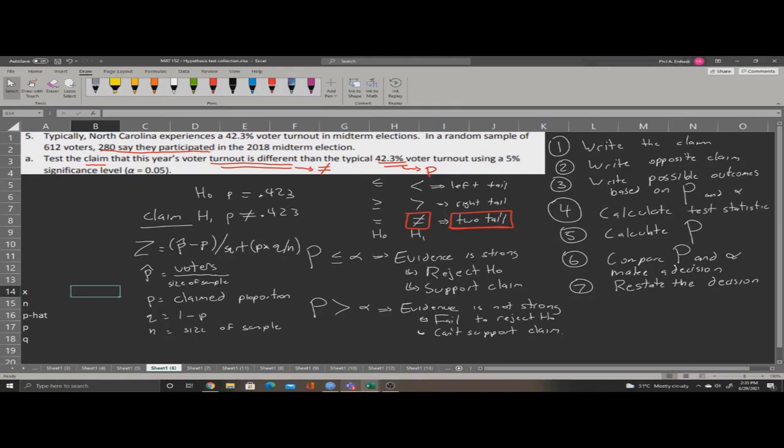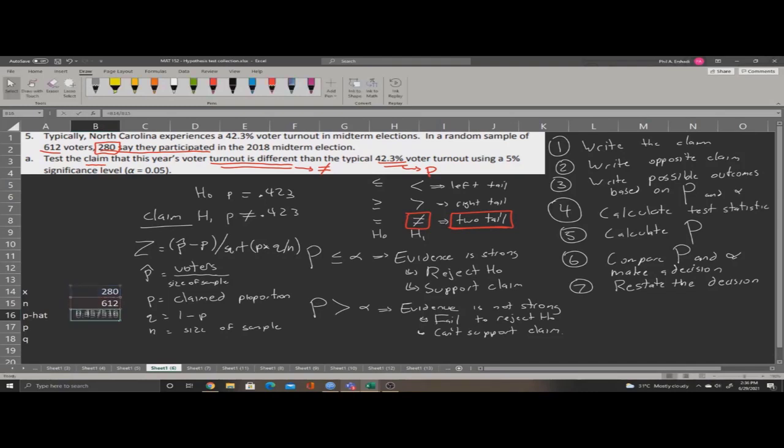So X. The problem says that 280 people say they participated. Those are the people we're interested in, and we'll say that's X. The N will be the size of the sample. We are also told that we have a random sample of 612 voters. We'll say 612 for N. And P hat will be the voters, the 280, divided by the 612.